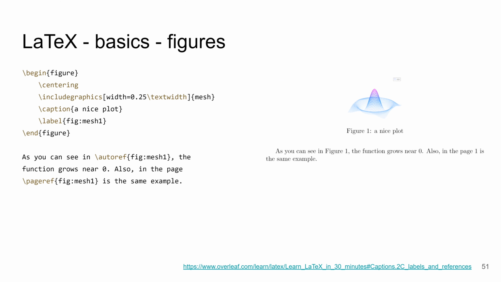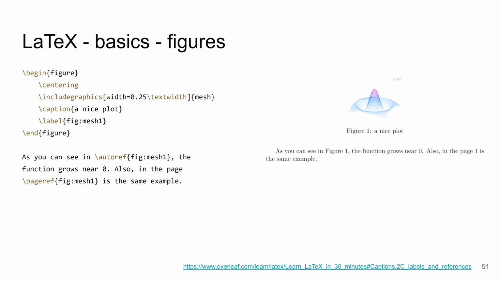Then there is caption, which is the name of the figure. Again, you don't have to worry about numbering. The caption gets prefixed by the proper name, which is figure, and the proper number according to the position of the figure in the text. You want to define a label because you want to be able to reference this figure from your text, as is done in the example.